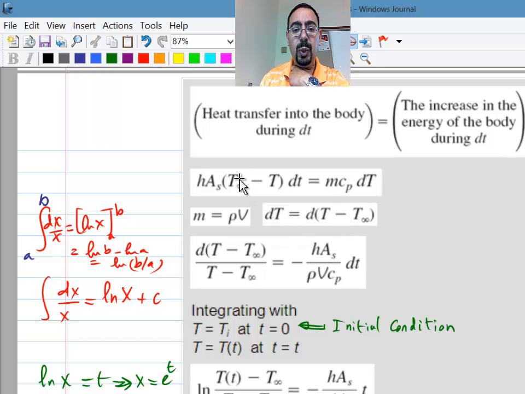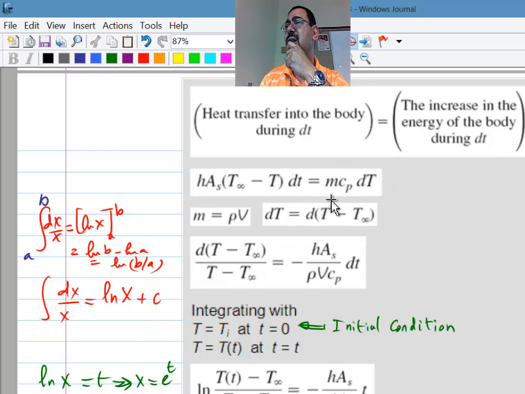So that now when he brings this in here, it becomes d(T minus T infinity) over (T minus T infinity). All right? So this is like dx over x. And we all remember the integration of 1 over x is ln x. Right?